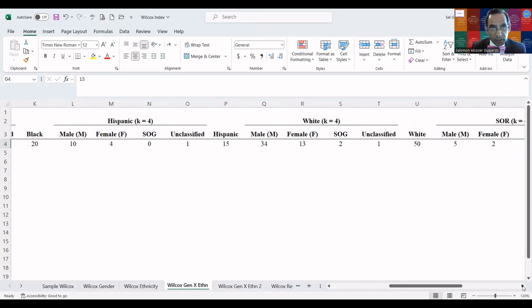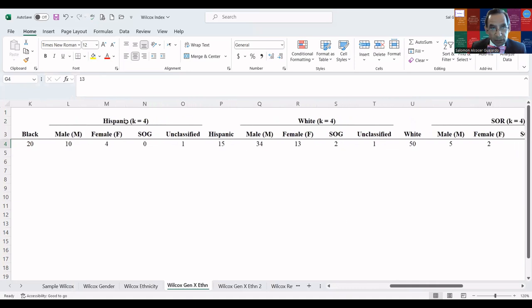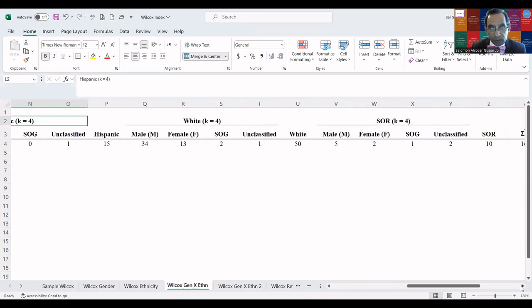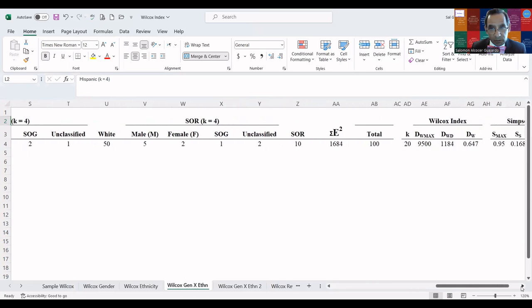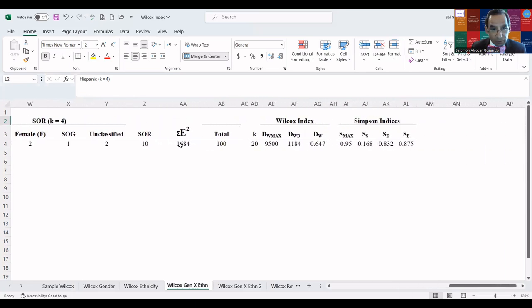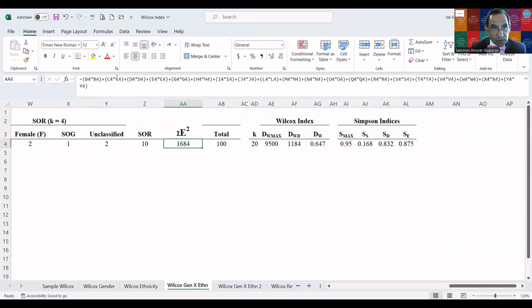I have the same for the Hispanic workforce, classified by their ethnicity and gender. The same for the white work group, the same for the other race work group. Again, I sum the frequencies, I square the frequencies and sum the product.